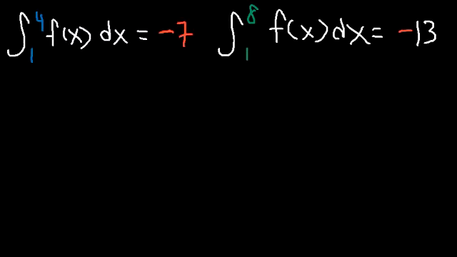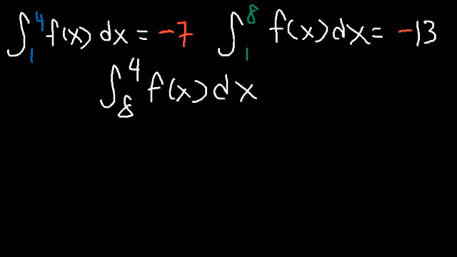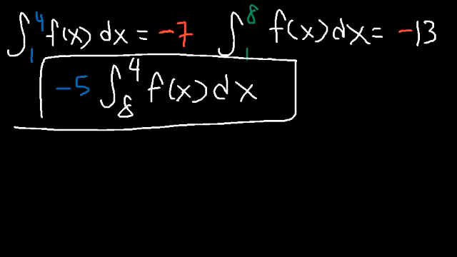What is the value of this expression, the integral from 8 to 4 of f of x dx times -5? Feel free to pause the video and find the value of this expression.